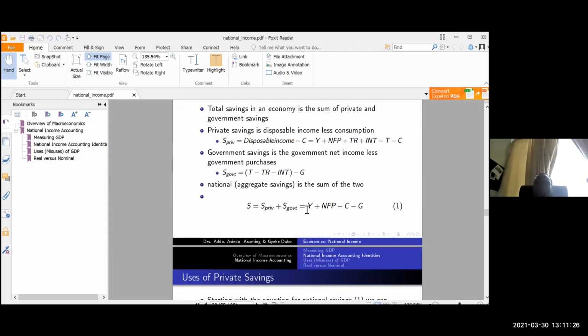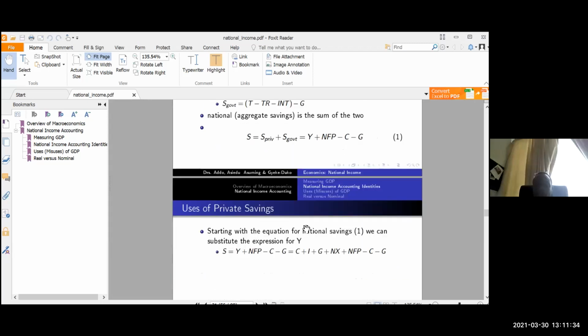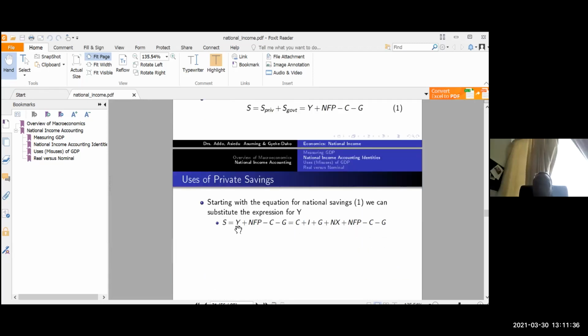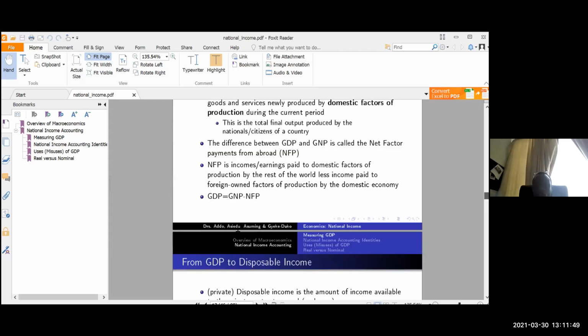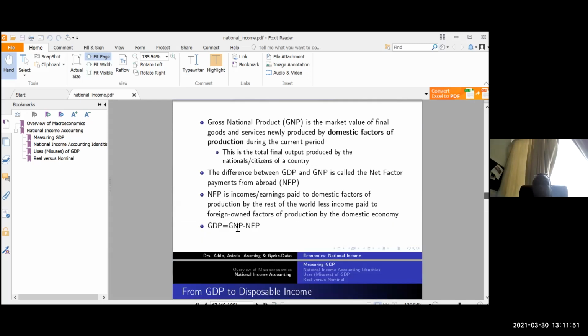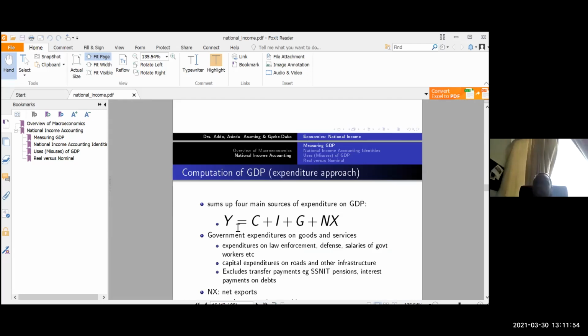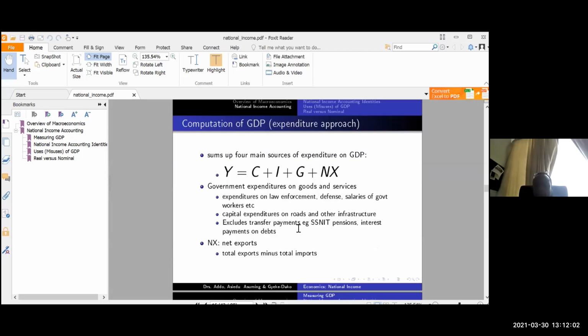But we know already from our equation that Y equals C plus I plus G plus NX. So this is Y. Wherever we see Y in the total savings equation, we can replace it by C plus I plus G plus NX.